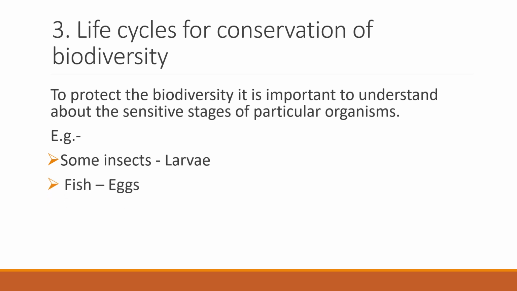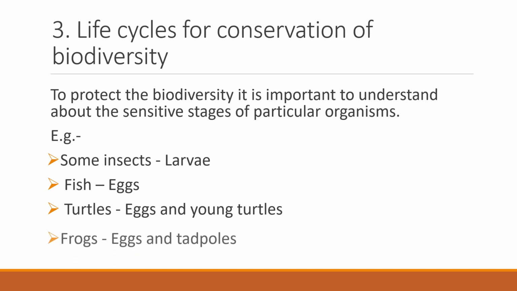And if you consider fish, the eggs can be easily destroyed due to different reasons. And for example, if you consider turtles, their eggs and young turtles can be easily destroyed by human activities and due to different changes in our environment. And also, if you consider frogs, their eggs and tadpole stage can be easily destroyed.